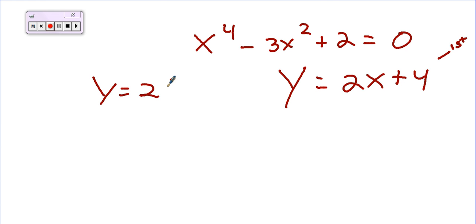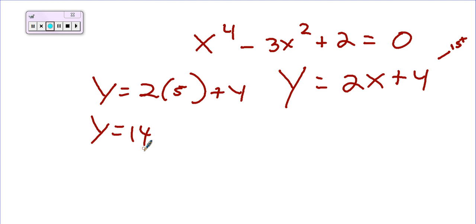So y equals 2 times 5 plus 4 would be y equals, what's the answer? 14. So whatever we put in for x, we can get a solution for y. There's an infinite amount that we can come up with. All right, does that make sense?